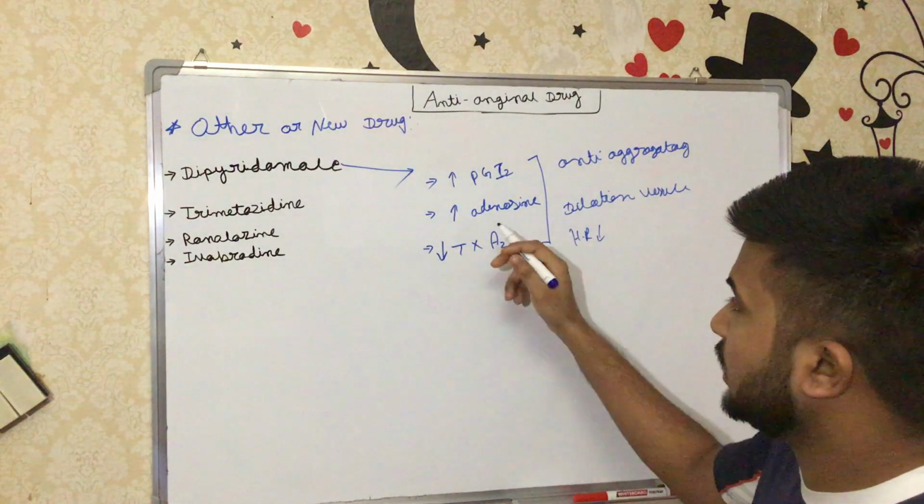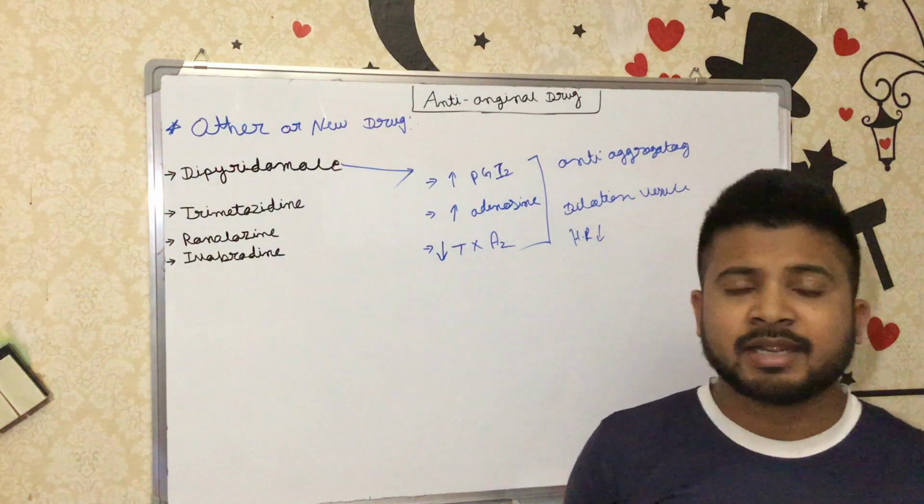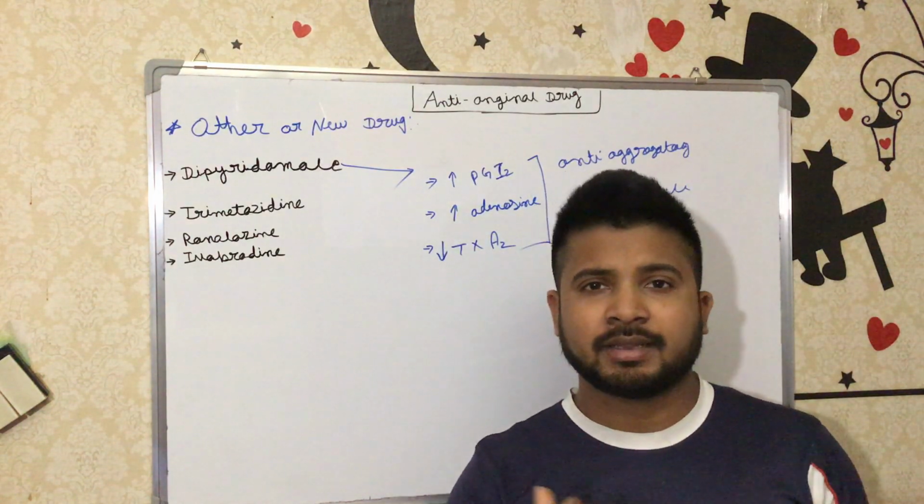Now, how does it increase adenosine? First it decreases the reuptake of adenosine, which is taken up into the endothelial cell.